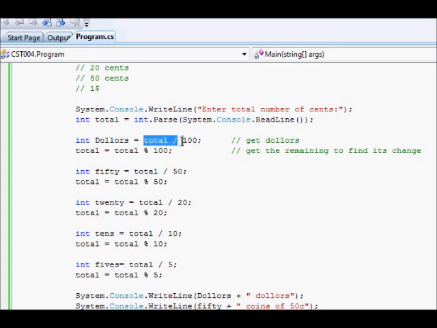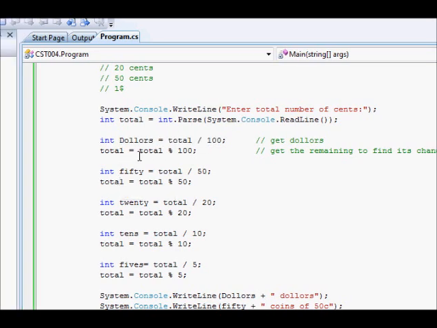Now this statement is figuring out how many cents do not amount to 100. You could interpret it as the remainder of the division, or how many cents remain that do not amount to 100.